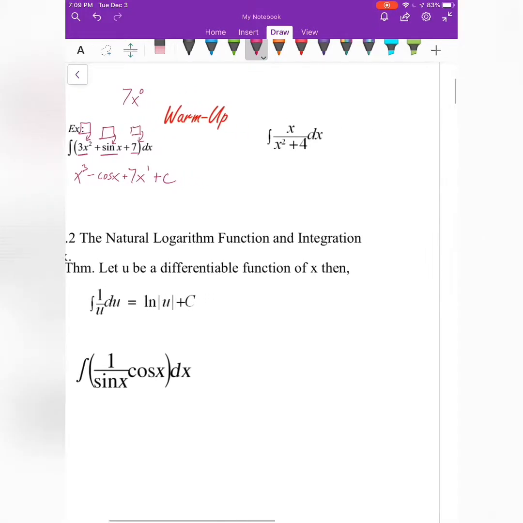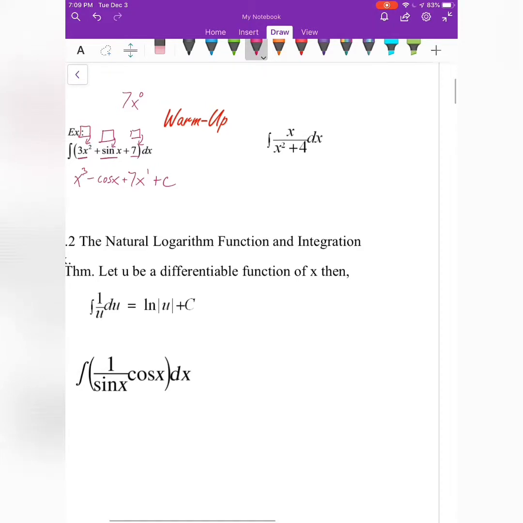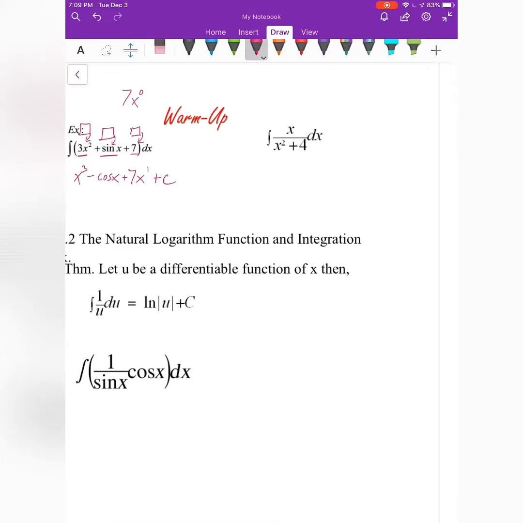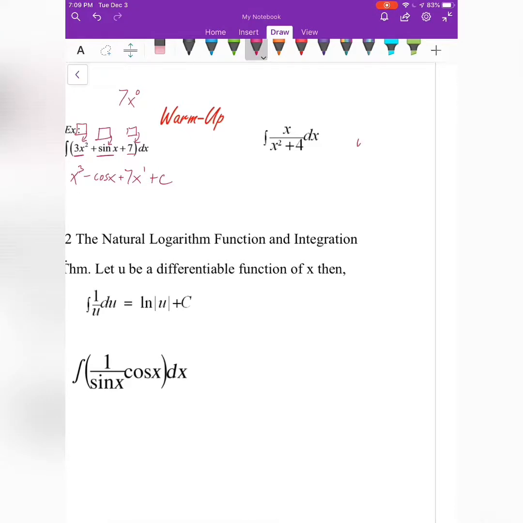Moving on to the second one here, you can see right away that you see a quotient, right? And there's no quotient rule for integration, but if you ever see a quotient, you can try to rewrite this, or do any kind of other algebra. That's always a good go-to, but we're going to go ahead and do a u sub here.